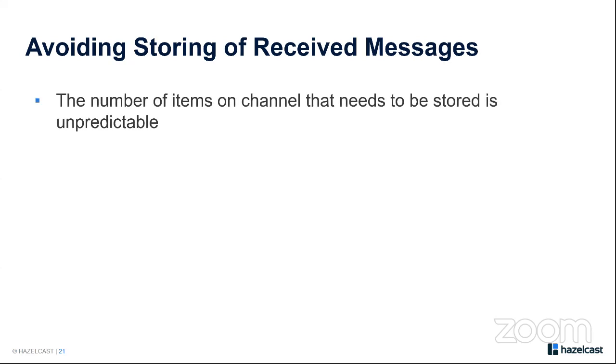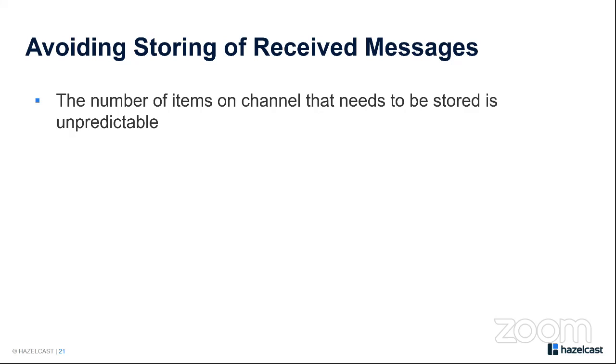And the second change is that we avoid storing of received messages. This is the state of channels, the sequence of messages received along the channel. Why do we do that? The number of items on a channel that need to be stored is unpredictable. There can be a hiccup, maybe a GC pause or a temporary connectivity issue to some process, and we may be waiting for a very long time to receive the marker from that process, and the number of items that we will need to store is unpredictable.